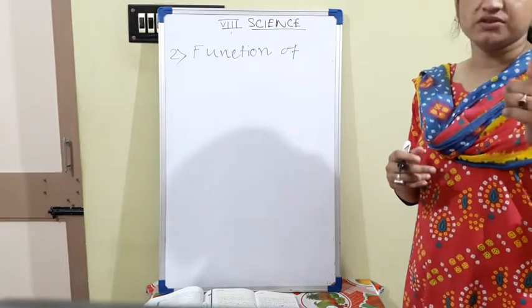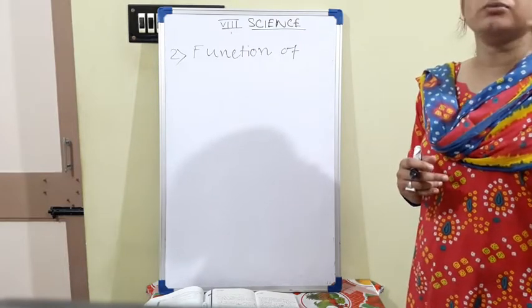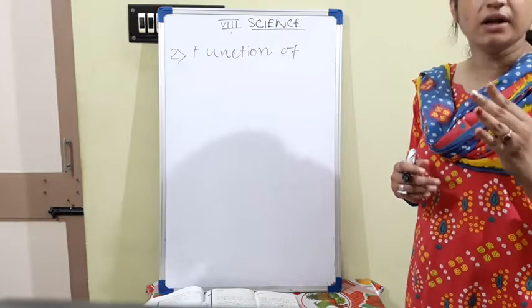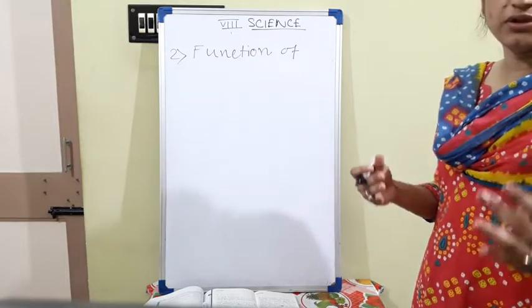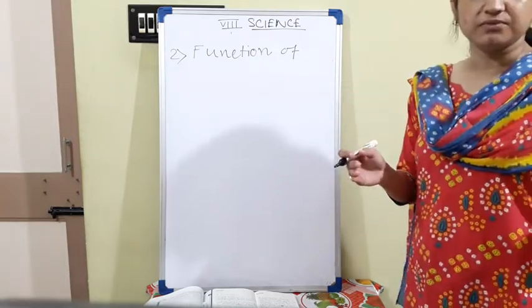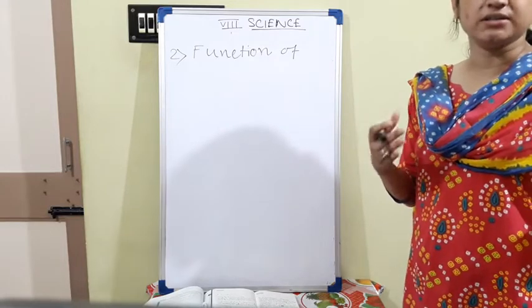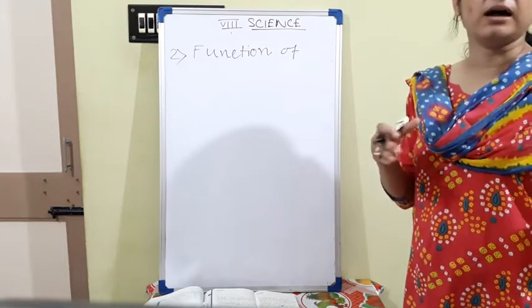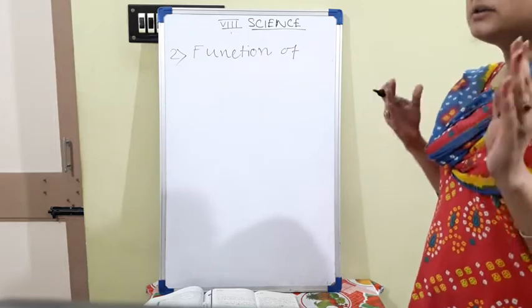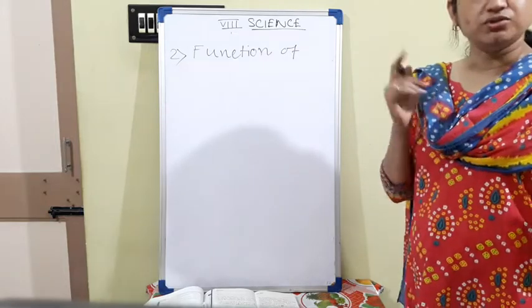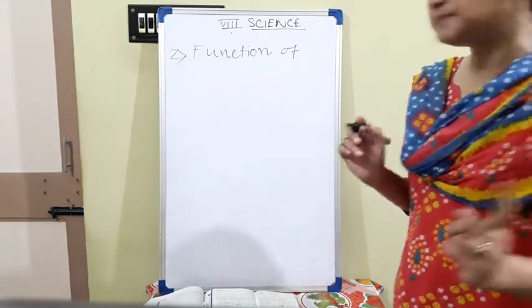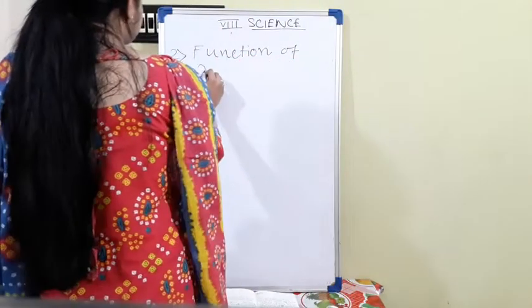Then your brain responds, it suggests what you should do and what not, and then you respond accordingly. So this is the function of the nerve cells: to create coordination with the brain and other parts of the body, and send messages from body to brain and brain to body.